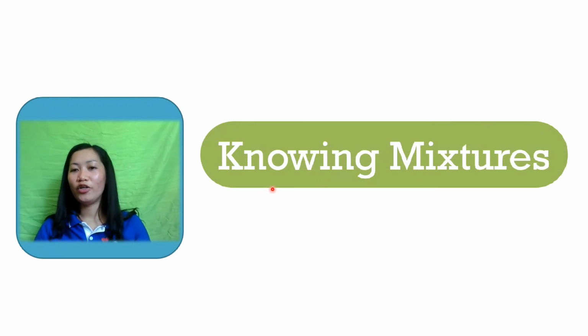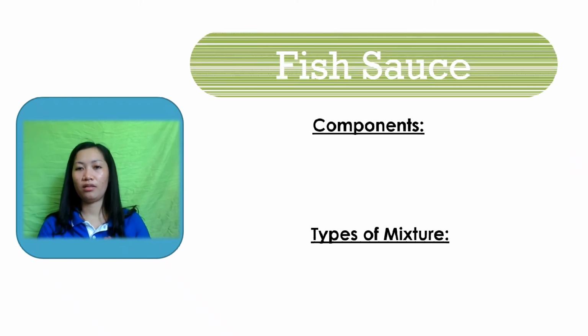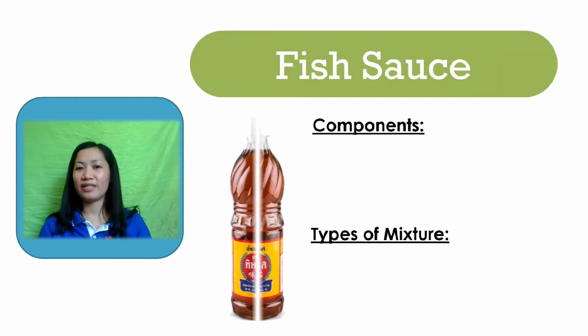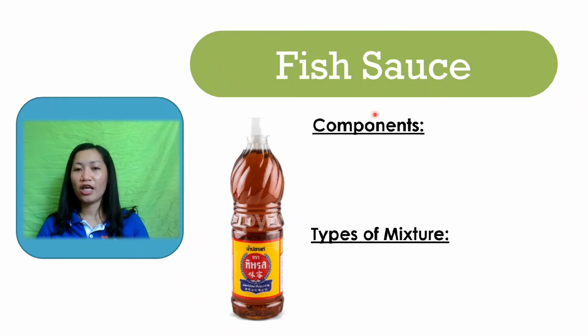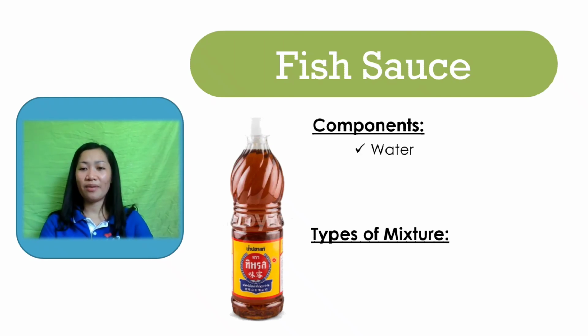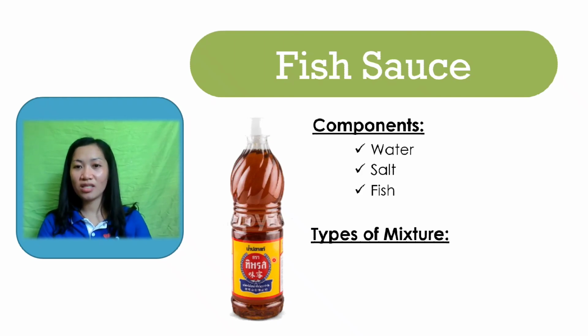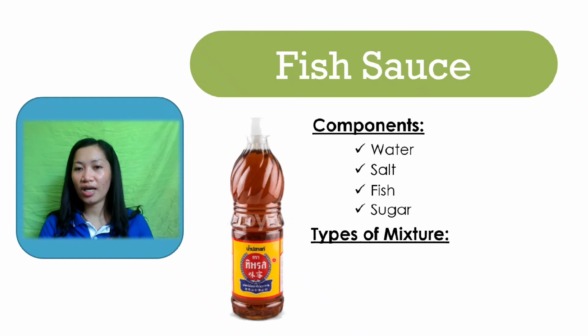Okay, knowing mixtures. Let's have an example. We have the fish sauce. What do you think is the component of the fish sauce? Example, we have the water, we have the salt, we have the fish, and we have the sugar.